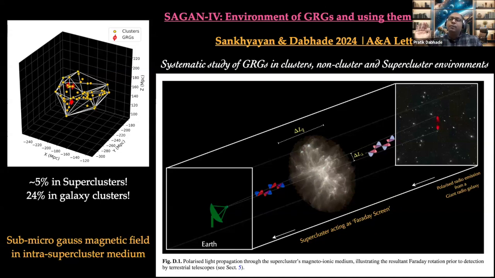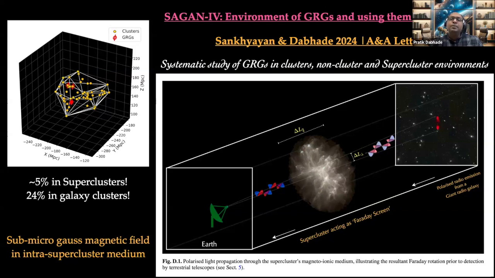Then we subtract the galactic contribution, because our galaxy has a magnetic field which further rotates the signal. We have mapped and modeled it well, so we can remove its contribution, and we get a small fraction of change in the rotation measures that allows us to estimate the magnetic field.